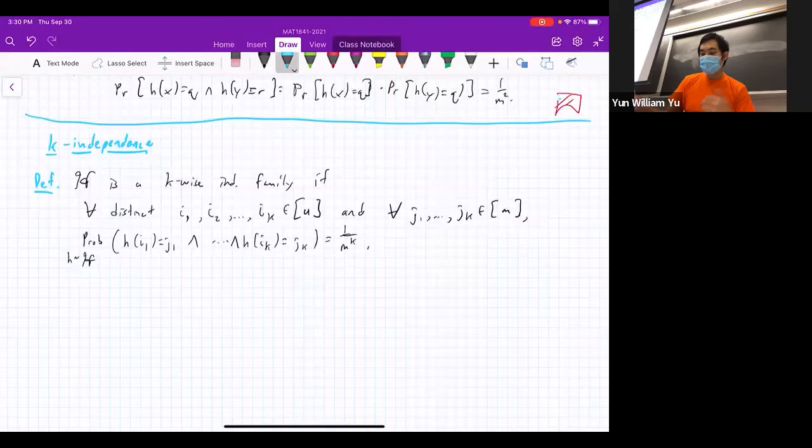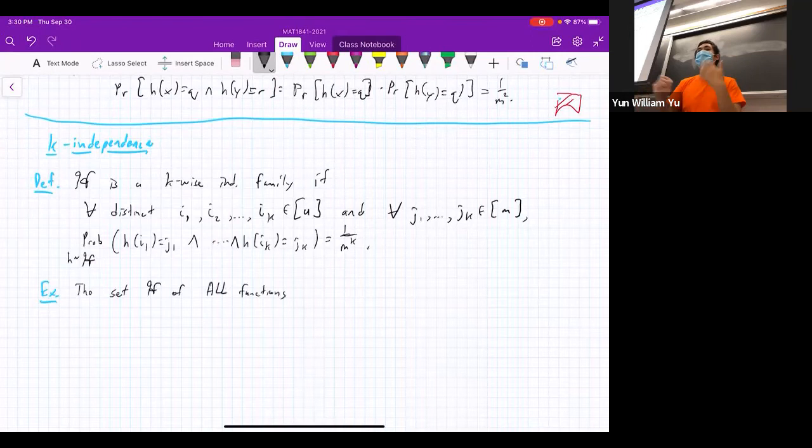So let's give a couple of examples of functions for which this is true. The first example is the trivial one: the set H of all functions. Remember, this was just our definition of a random hash function, the set of all functions from U to M. It is k-wise independent for all k.